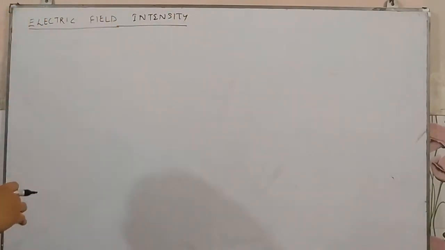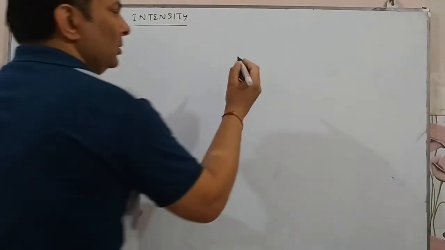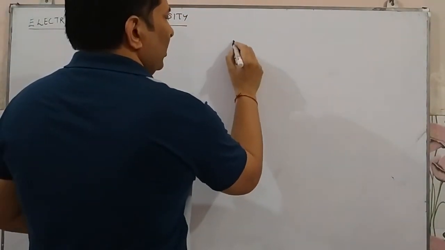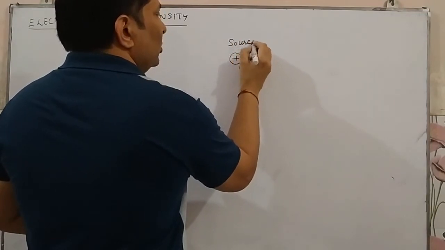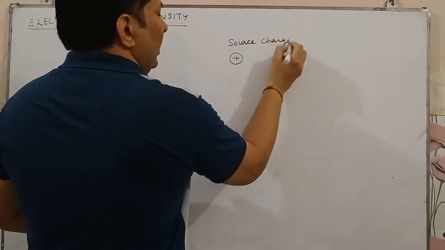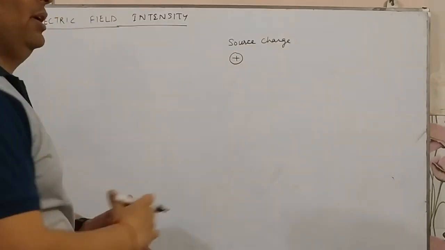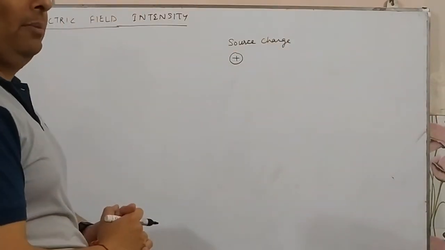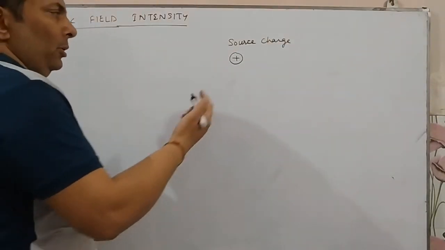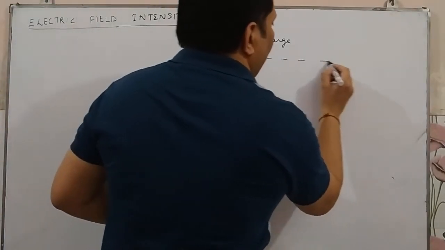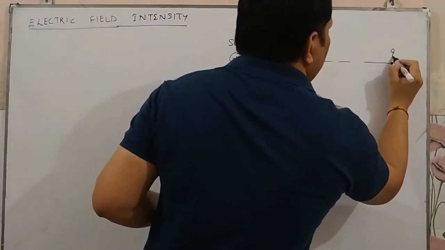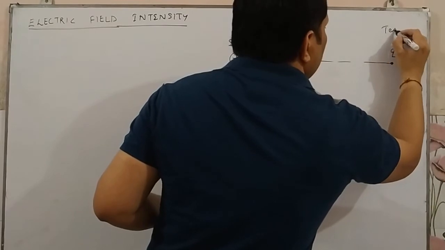It means basically that if we have a source charge, this is called a source charge, and we assume that around this source charge we have an electric field in which its influence can be experienced by others. So there we place another charge named Q0. This is called a test charge.